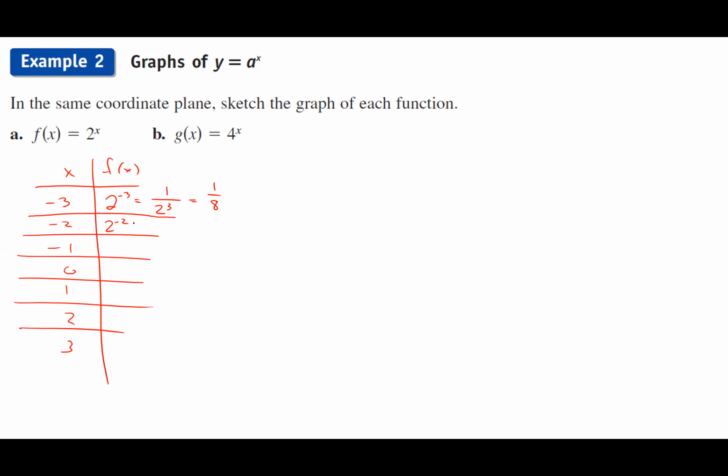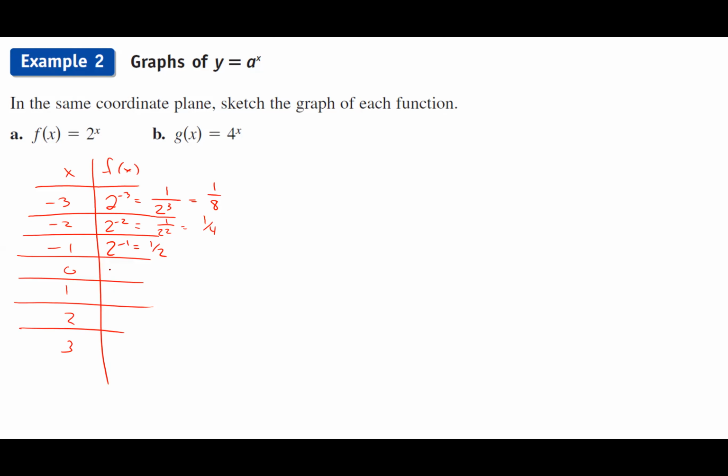Okay, 2 to the -2 power is going to give us 1/2 squared, which is 1/4 this time. Okay, these are small fractions on this guy. So 2 to the -1 means reciprocal of 2, which just means 1/2.